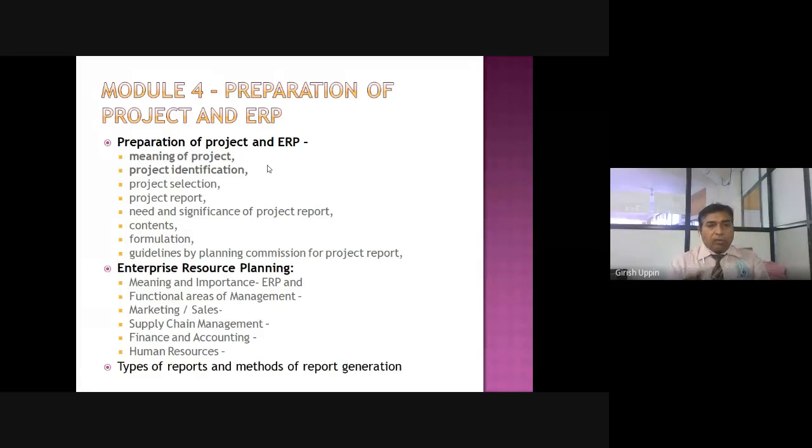At least 4 to 5 ideas you are going to propose, and after having a discussion with the guide, checking the feasibility, checking the dependencies, whether it can be done or not, whether it is technically possible or not, out of those 4 to 5, you will finalize 2 to 3. That is the identification. First is the identification.